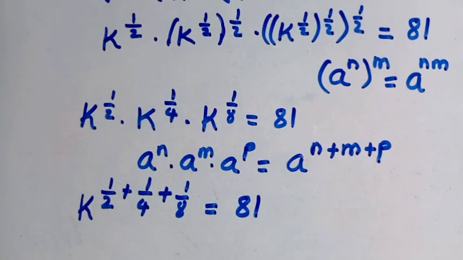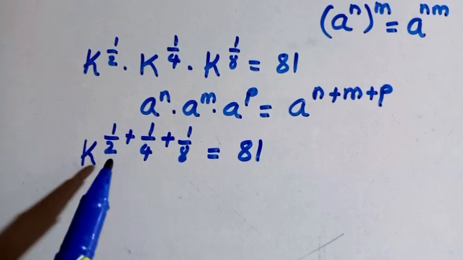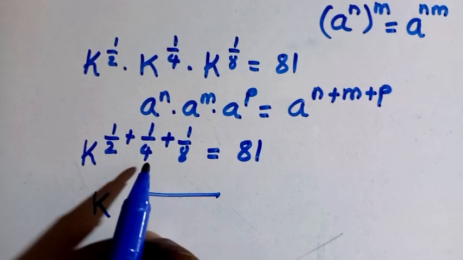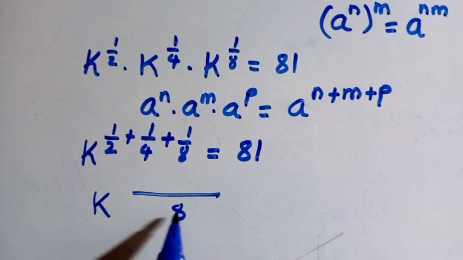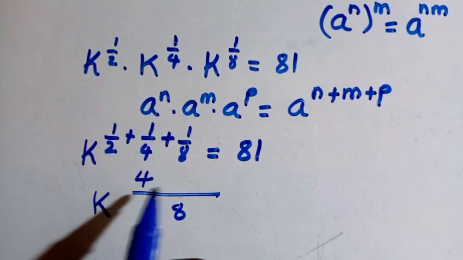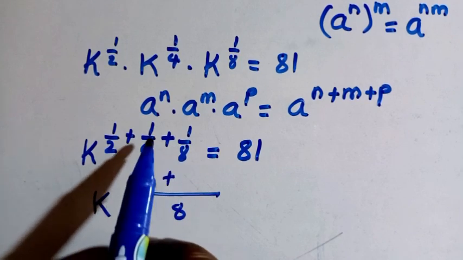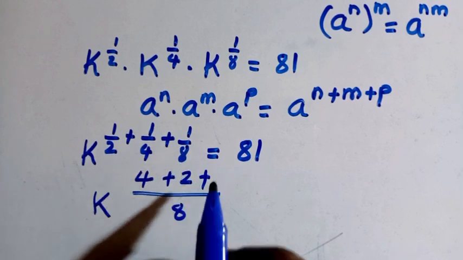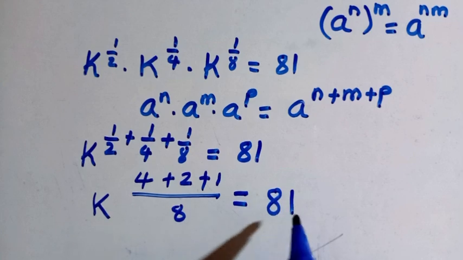When we find the LCM of the powers of k, the LCM here is 8. 2 into 8 is 4, 4 times 1 is 4, plus 4 into 8 is 2, 2 times 1 is 2, plus 8 into 8 is 1, 1 multiplied by 1 is 1, and this equals 81.